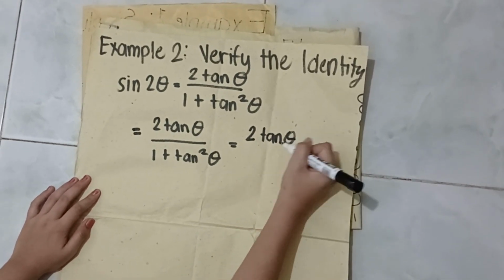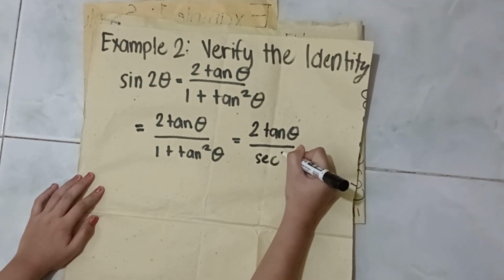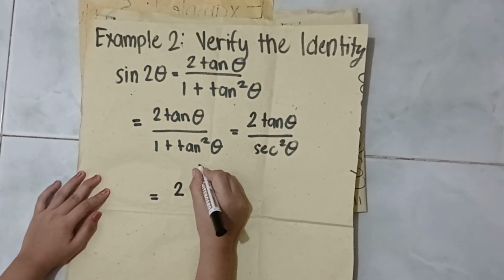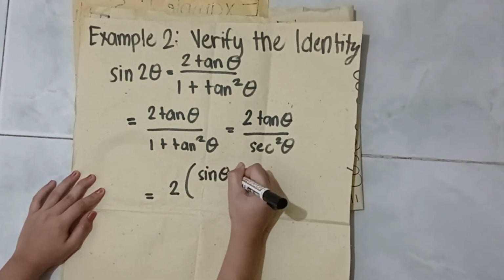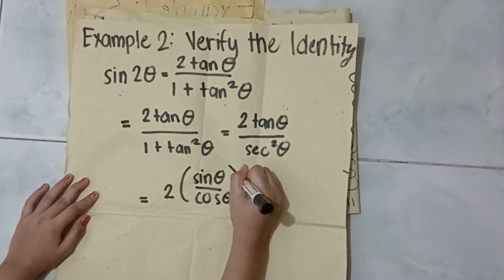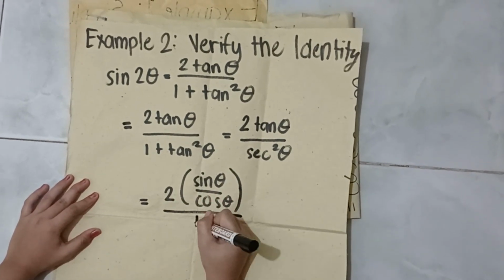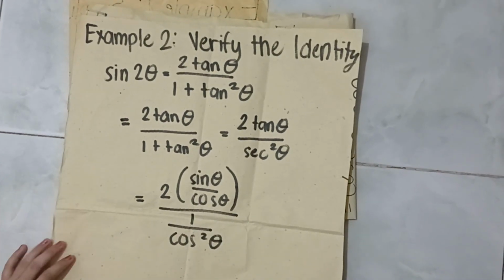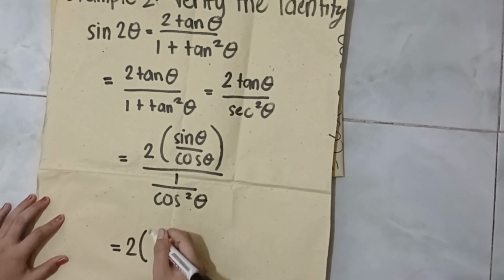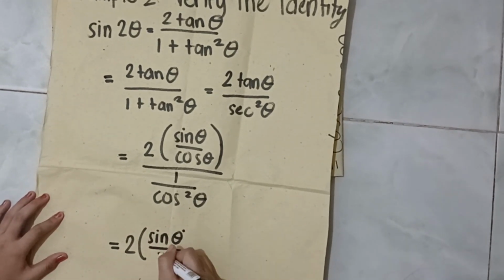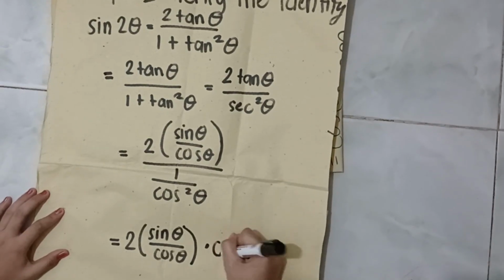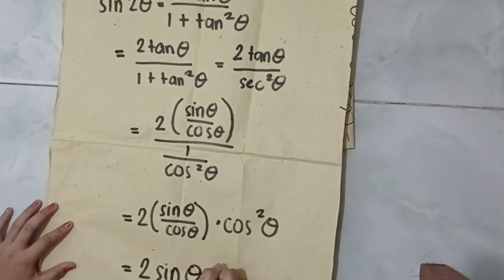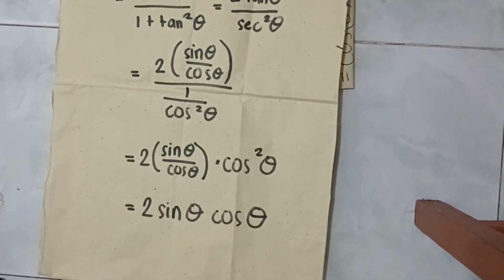And then we express tan theta and secant theta in terms of the quotient identity and reciprocal identity. And then we simplify. And then we apply the double angle formula. So therefore, the identity sine 2 theta is equal to 2 tan theta over 1 plus tan squared theta is verified.